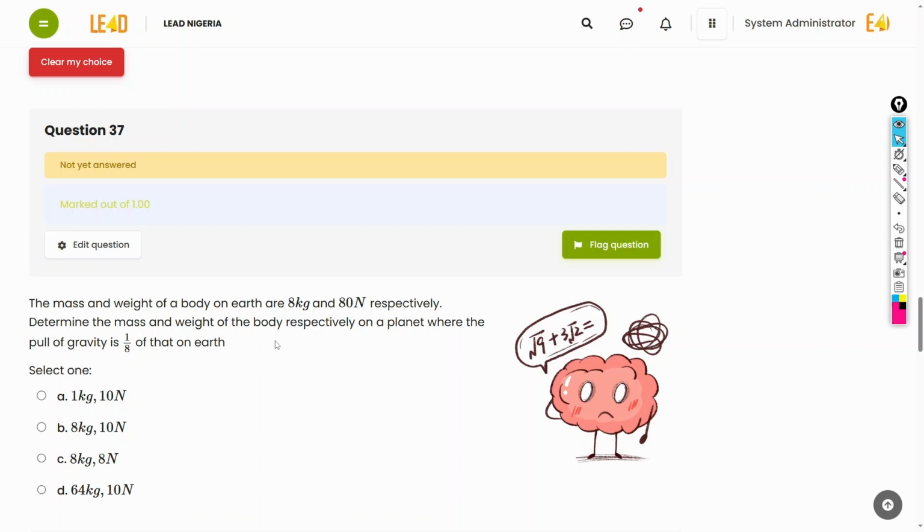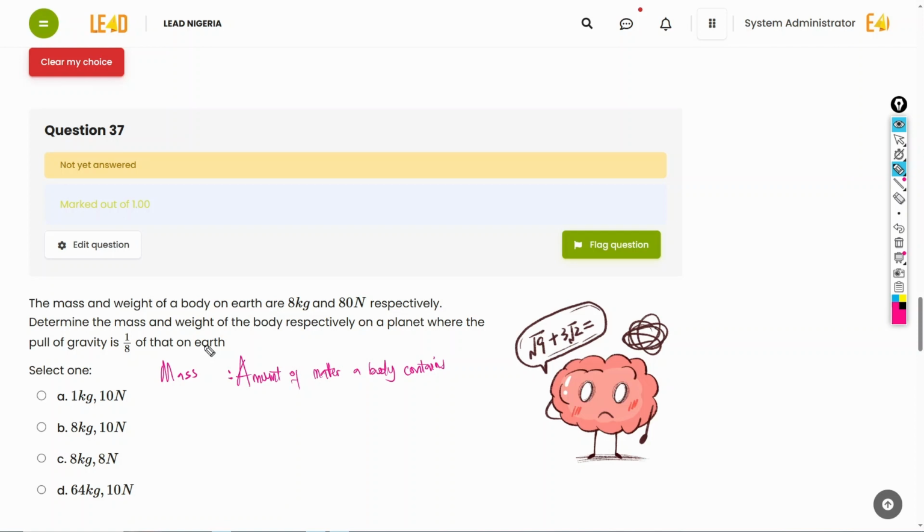Your mass does not change, right? Mass is defined as the amount of matter, a way of quantifying the amount of matter a body contains. So just because you went to a different planet will not change how much matter your body contains.